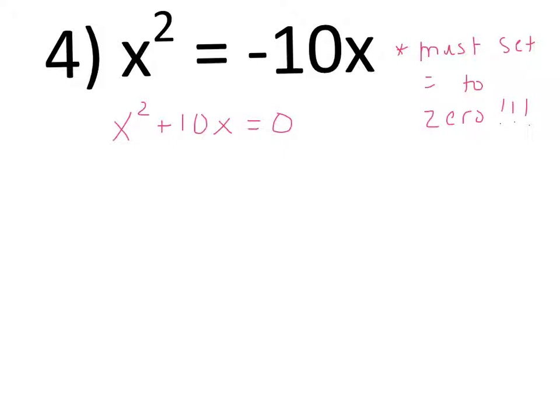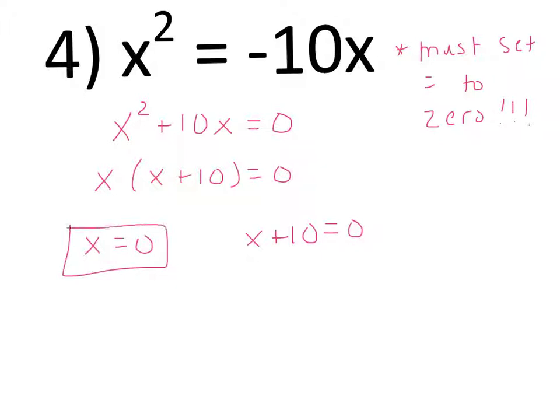In this case, I'm going to pull out an x, and I'm going to have x plus 10 equals 0. So now take both your factors, x equals 0 and x plus 10 equals 0, and solve. Well, x equals 0 is done, so that's kind of nice. On the next one, I'm going to subtract the 10 over, and x equals -10. Again, exponent of 2, 2 solutions.